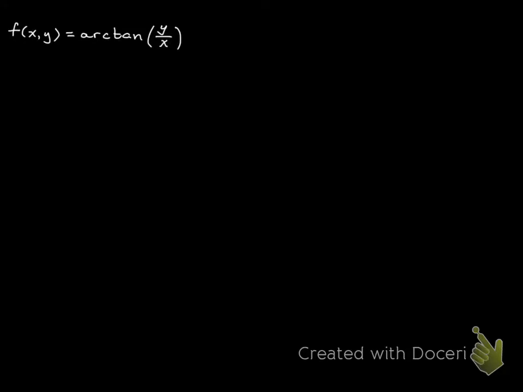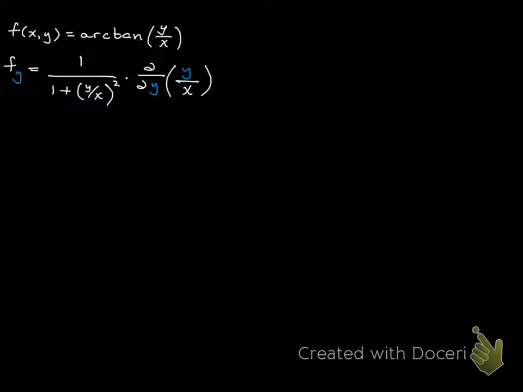Partial derivative of arctangent with respect to y should be 1 over 1 plus the argument squared, chain rule, times a partial with respect to y of y over x. X is no longer my variable. Y is my variable. I'm taking a derivative of y over a number.